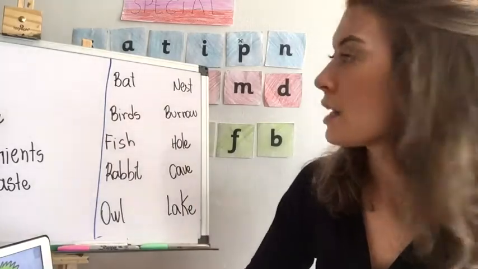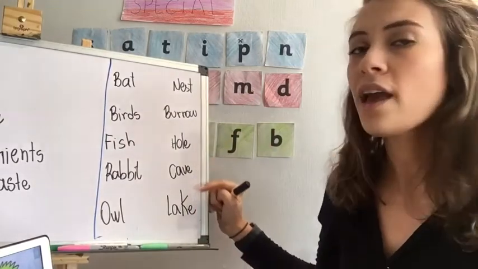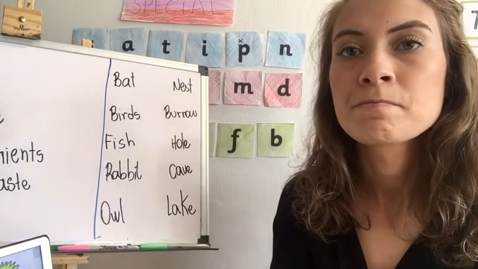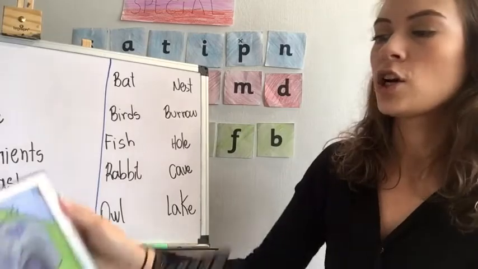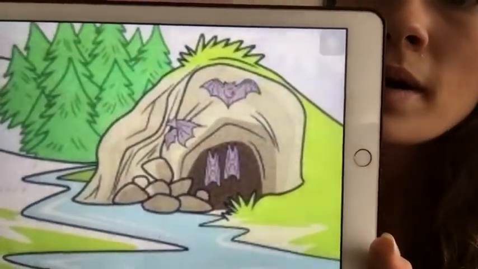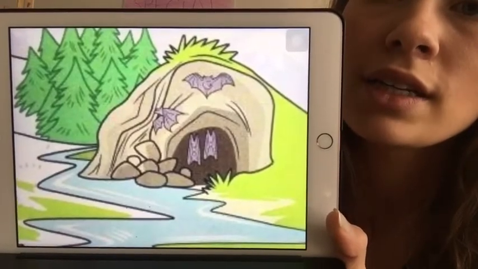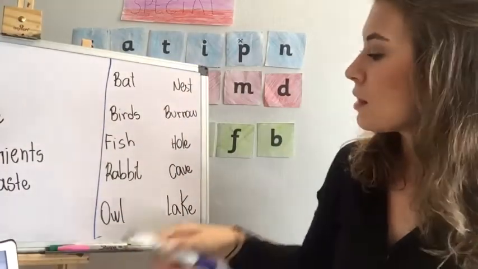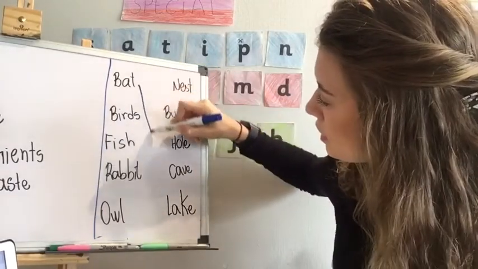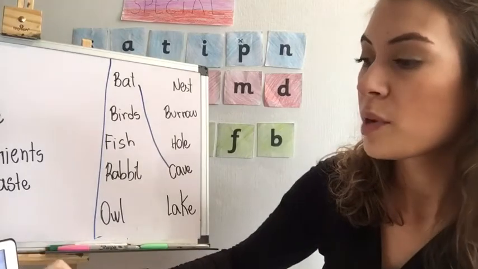If you said cave, that's correct. Look, you can see here a bat living in a cave. Good job. Let me draw a line here. Beautiful.